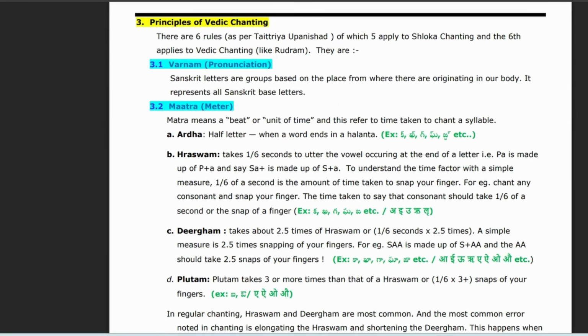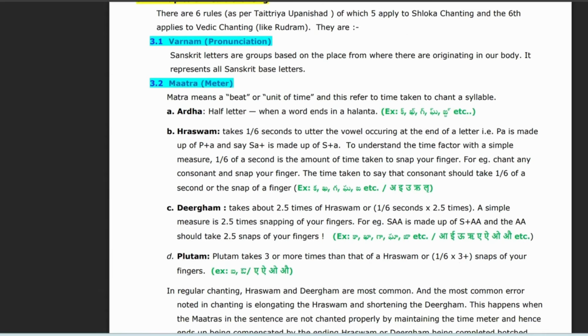So, based on the Taittiriya Upanishad, there are 6 rules. Usually, 5 are applied to shloka chanting, and the 6th applies to Vedic chanting like Rudram or Suktas. If you're learning Suktas, you apply that one too. So let's look at the 5.